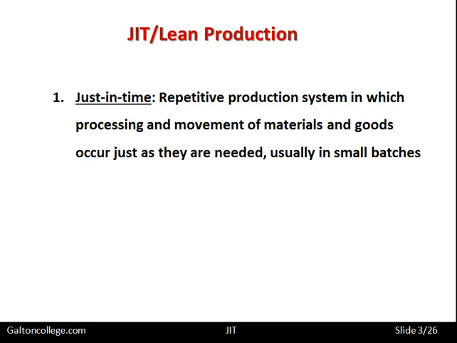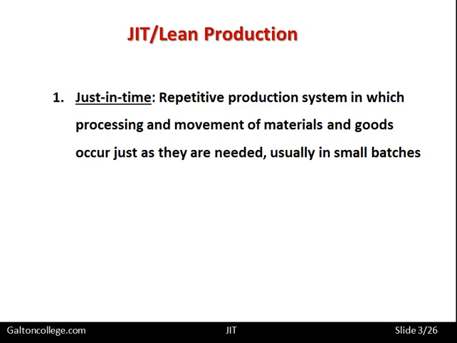It's as if all of the different functions of the business operate as one function, so that raw materials, let's say, come from a supplier. The raw materials are synchronized. The amount of the raw material and the type of raw material is synchronized with the type of requirements for the first stage of the production process.